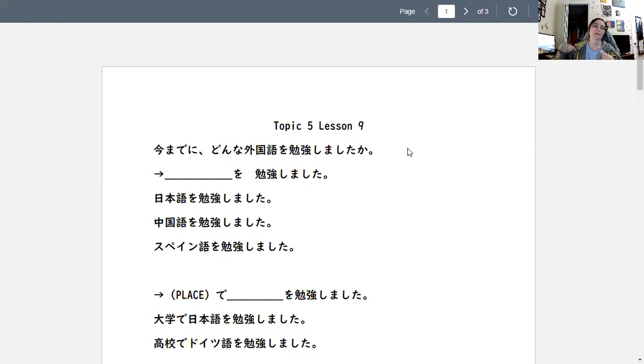So basically asking you, these three here, if my highlighter will work, どんな, which, and these next three, the kanji, 外国語, is foreign language, を勉強しましたか? So which foreign language did you study? Which ones have you studied, basically?